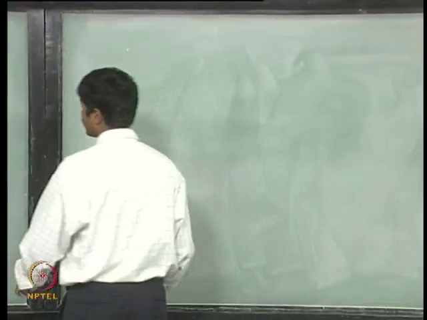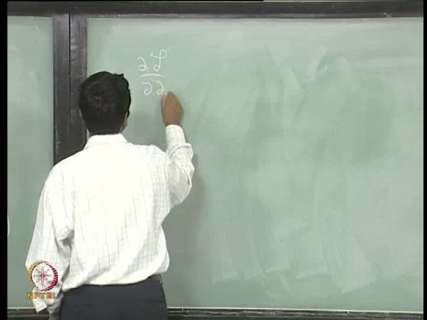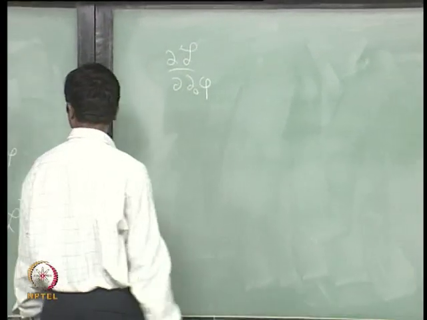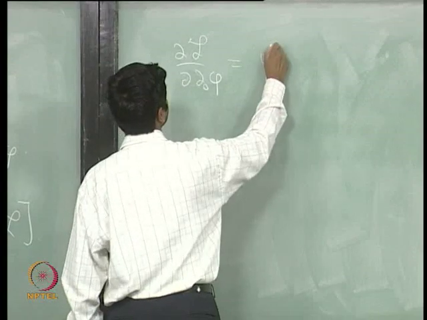You can see that del L over del of del 0 phi is basically phi dot.